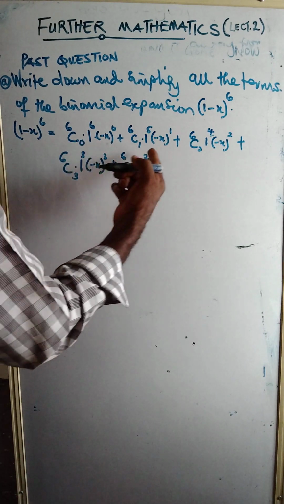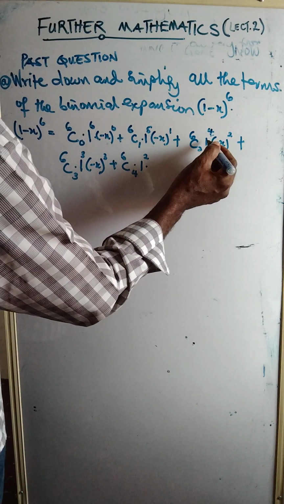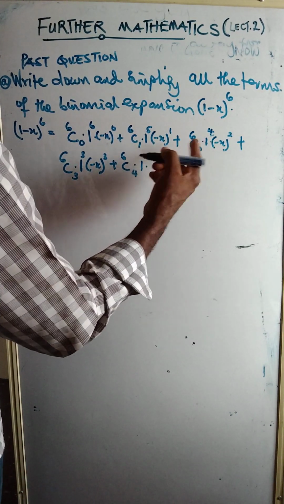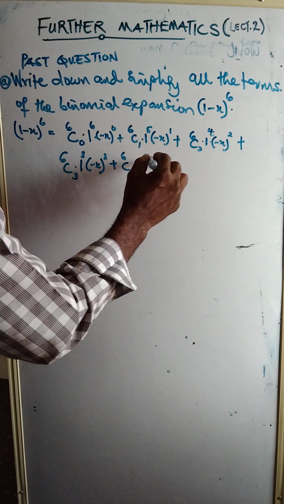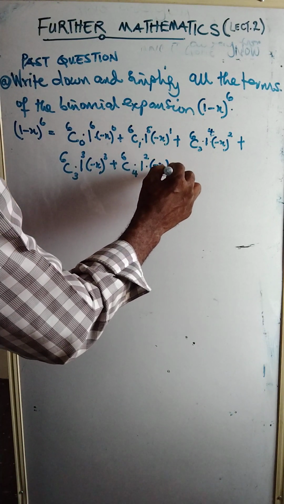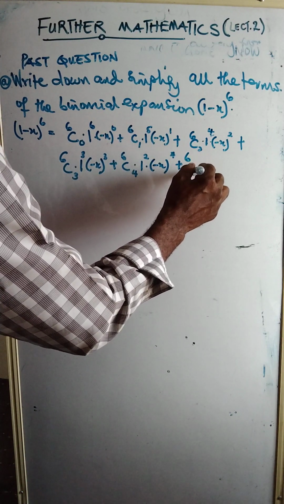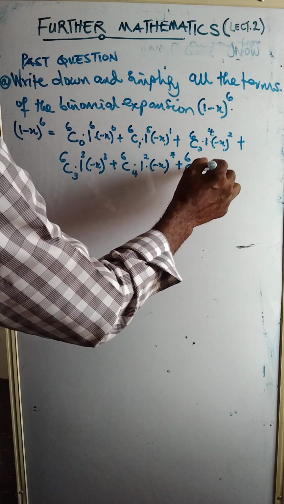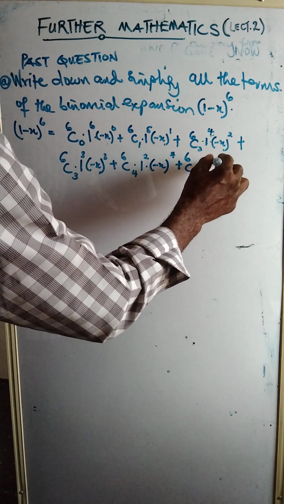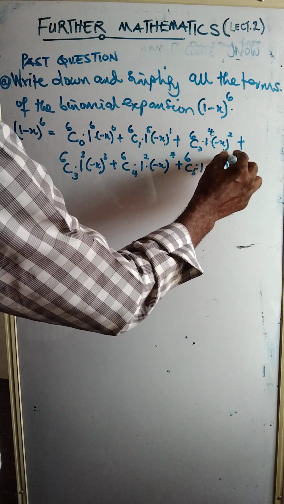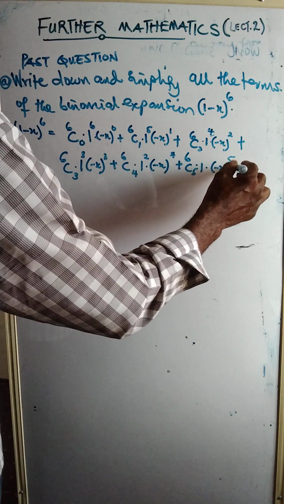In mathematics, when it comes to long expansion, if you see a dot like this, what they mean is multiplication. So the next one is (-x) raised to power 4, and then we have 6 combination 5, we have 1 raised to power 1, then we have (-x) raised to power 5.